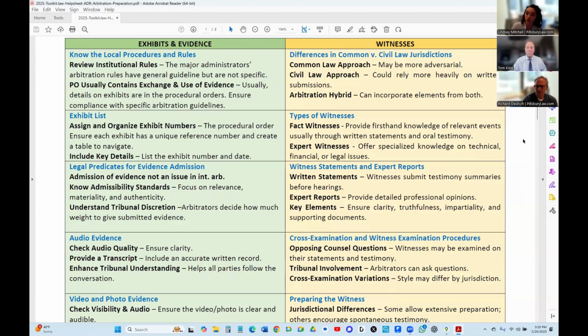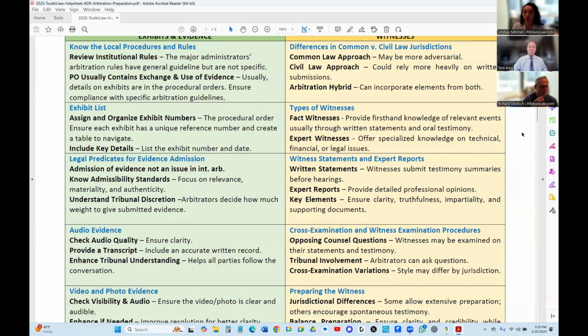That can be true also in civil law traditions, but typically in civil law jurisdictions like France and Japan, for example, more weight may be placed on written submissions. It may be a little bit less adversarial in terms of how witnesses are crossed during the oral hearing. And witness testimony in general could be more limited in scope.